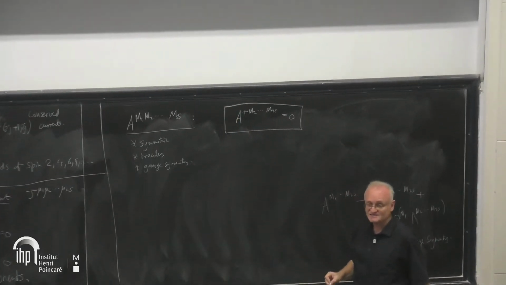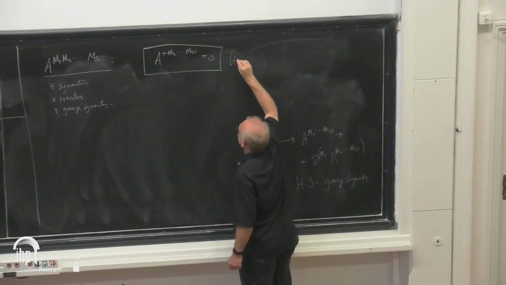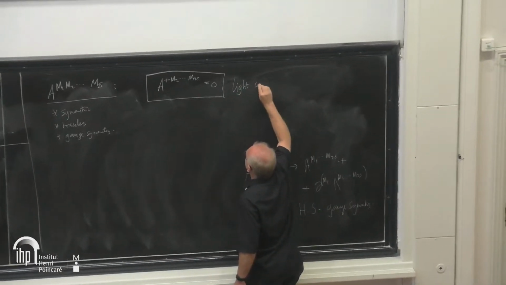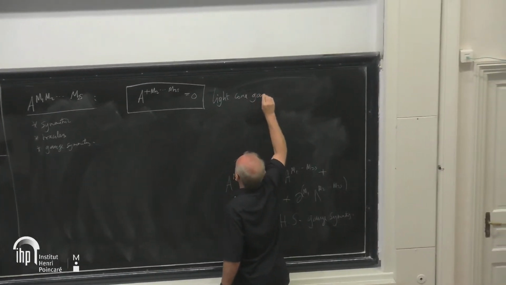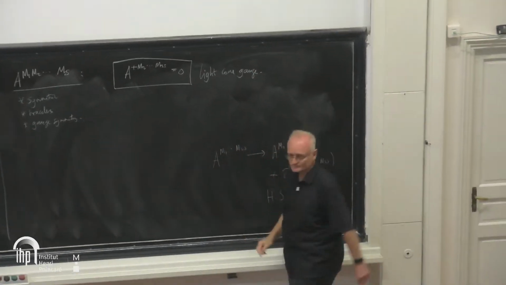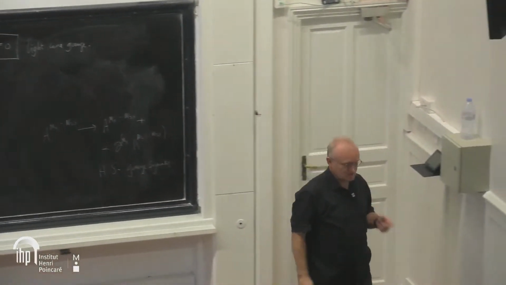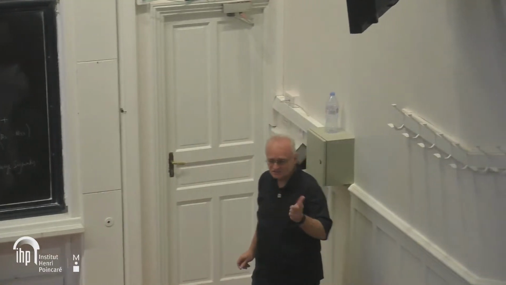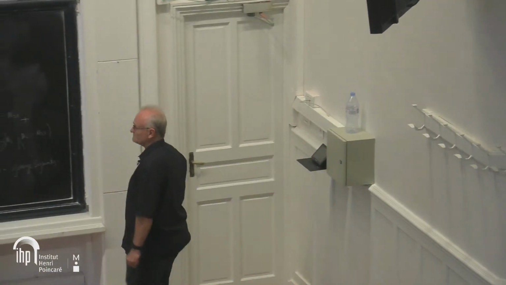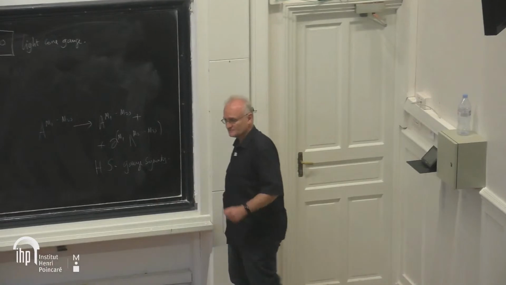And this is known as light cone gauge. It completely fixes the gauge. There's no residual gauge freedom left once you've chosen this.